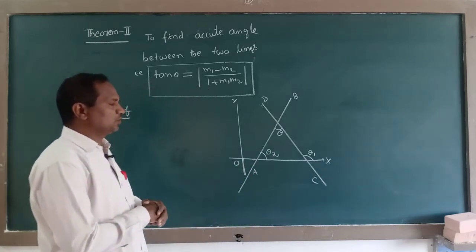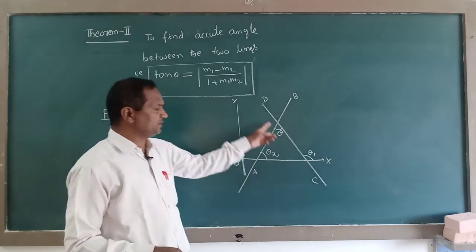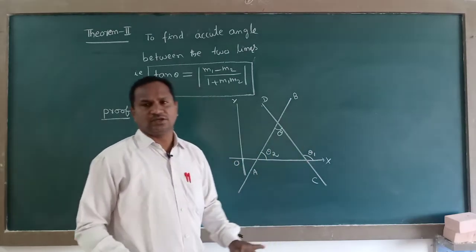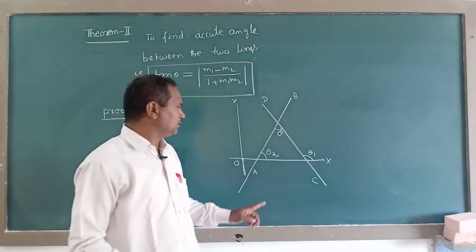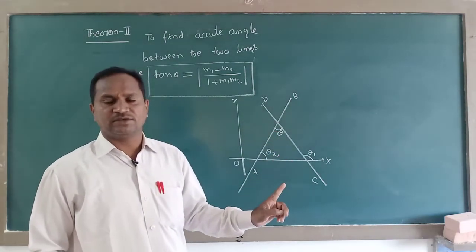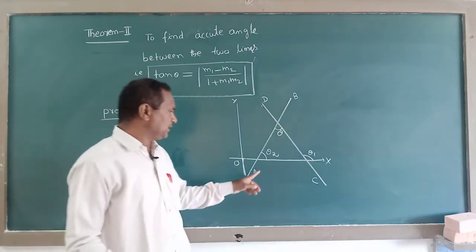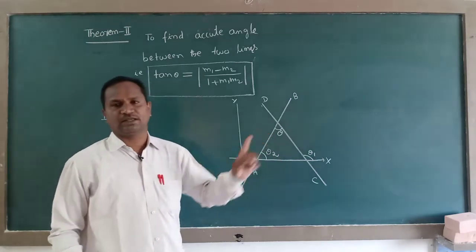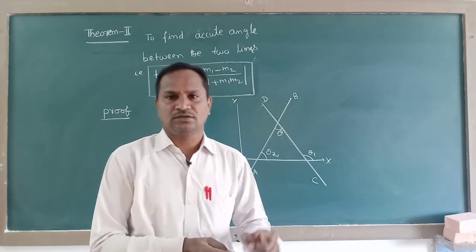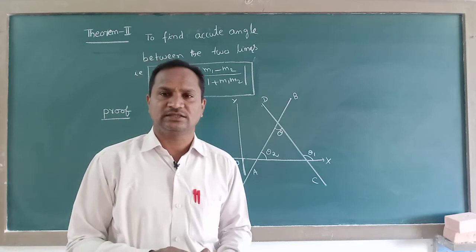Suppose theta 1 is the angle made by the line segment CD along the x-axis in the positive direction, then the slope of that line can be considered as m1 is equal to tan theta 1. At the same time, the angle theta 2 made by the line segment AB along the x-axis in the positive direction, then the slope of that line segment can be written as m2 is equal to tan theta 2.